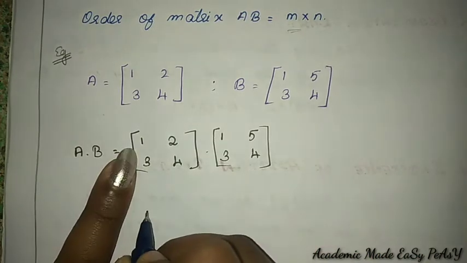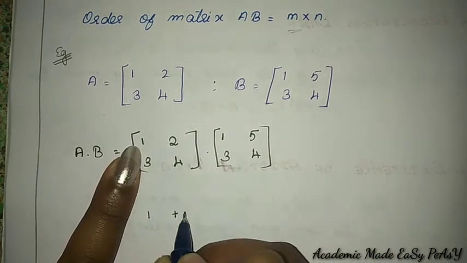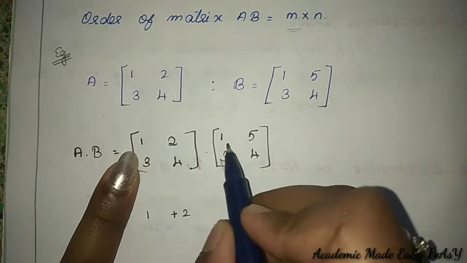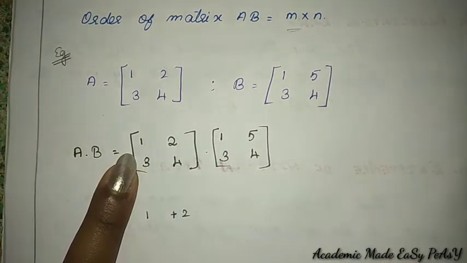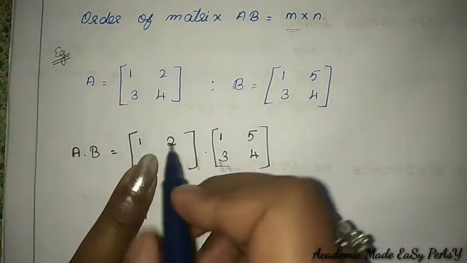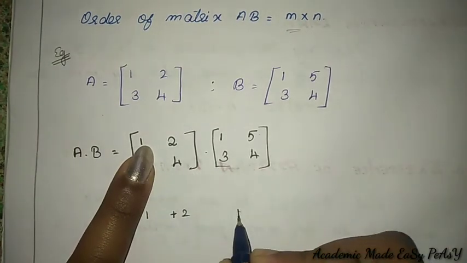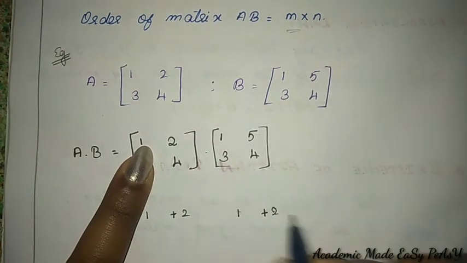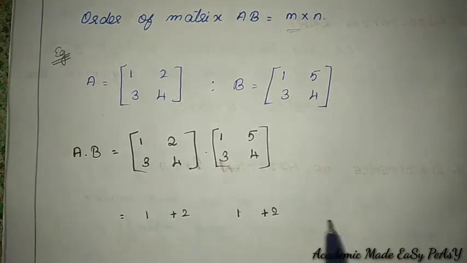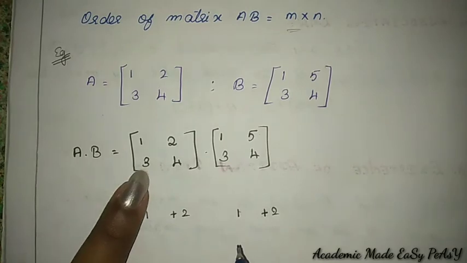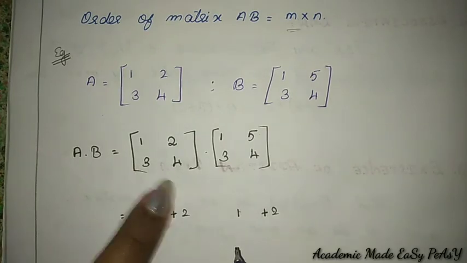So I have 1 plus 2. How many columns do I have here? 2 columns. Here also 2 columns, isn't it? So I will write once more. 1 plus 2, I will write this as it is, 1 plus 2 and 1 plus 2. And here I will go to the next row, which is 3 and 4.